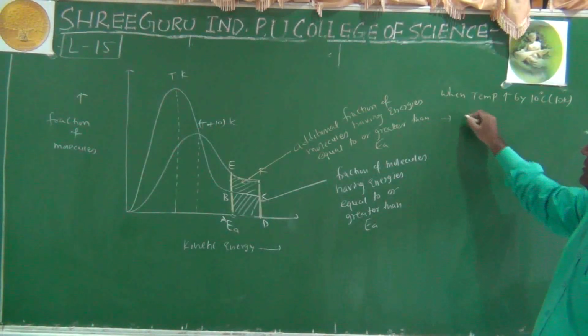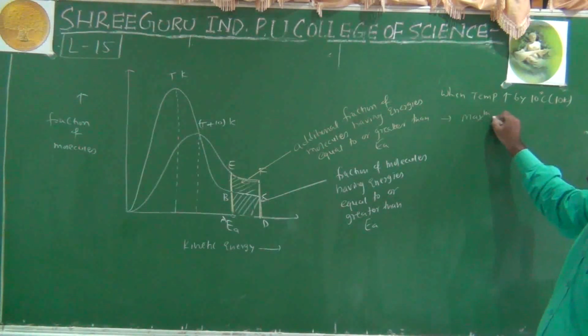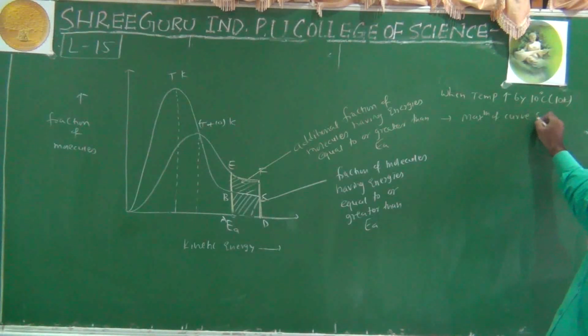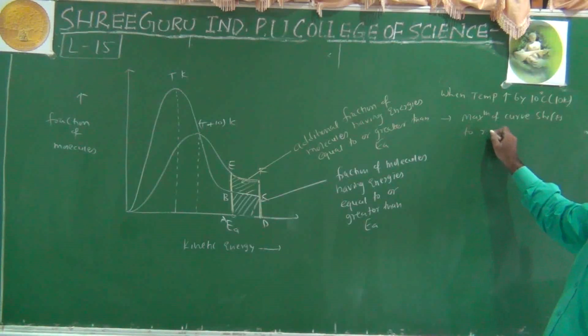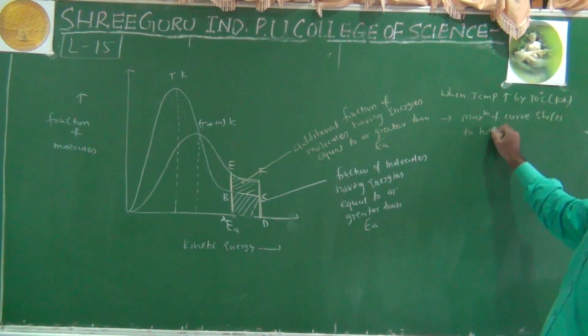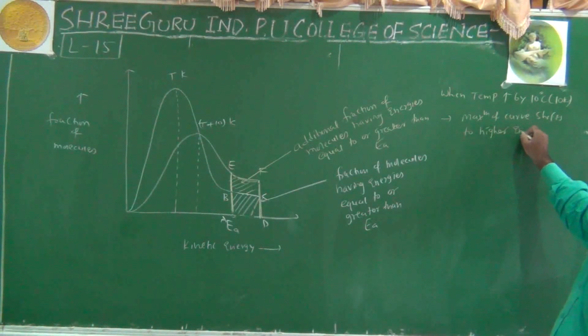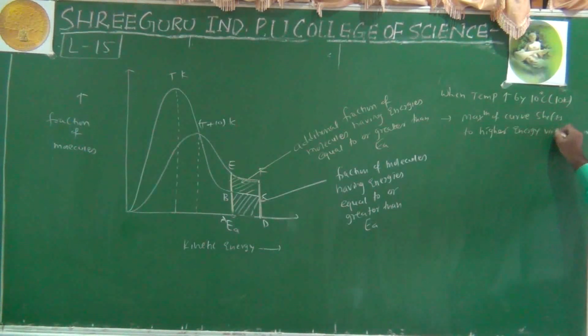The first is the maximum of the curve shifts to higher energy values.